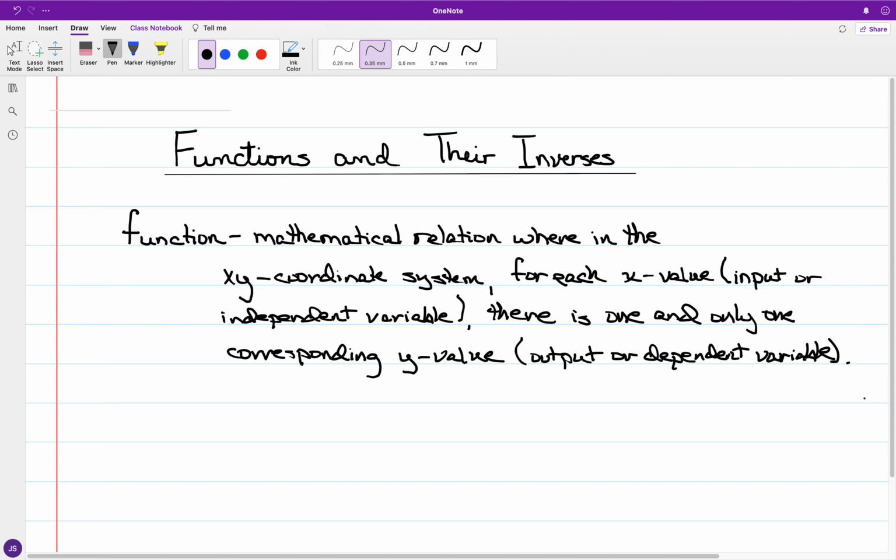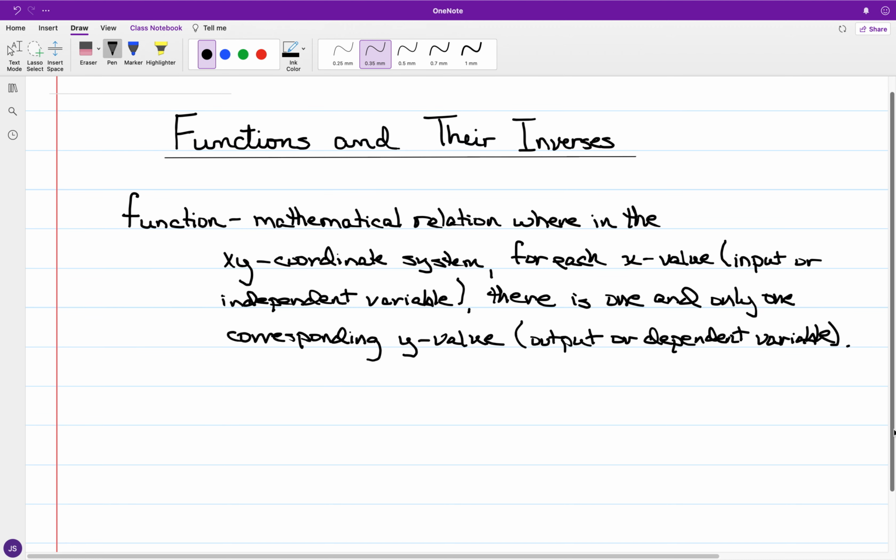And now within, again, the family of functions, we have a subgroup that would be regarded as one-to-one functions. And a one-to-one function is going to be a function whose inverse is also going to be a function.